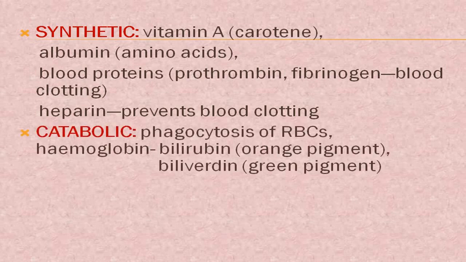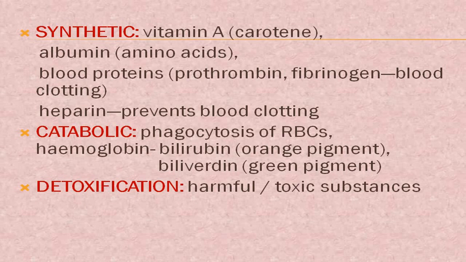Another function of the liver is catabolism. Catabolism is the breakdown role of the liver. In the liver, there is phagocytosis of red blood cells so that bilirubin and biliverdin are produced, which are the breakdown products of hemoglobin. Bilirubin is an orange pigment and biliverdin is a green pigment.